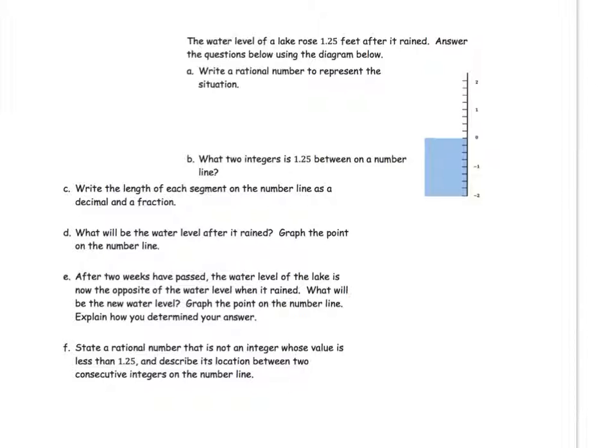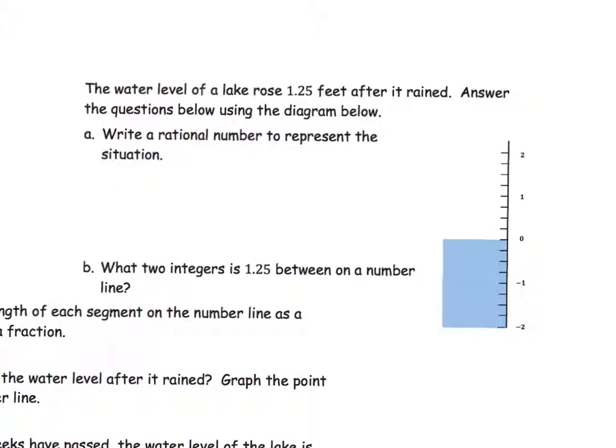All right, this next slide combines what we did yesterday with the whole idea of rational numbers. So I want you to take a moment to just read through and then see if you can answer the questions before coming back. Okay, so the lake rose 1.25 feet. So a rational number, if it rose, we know that it is going up.